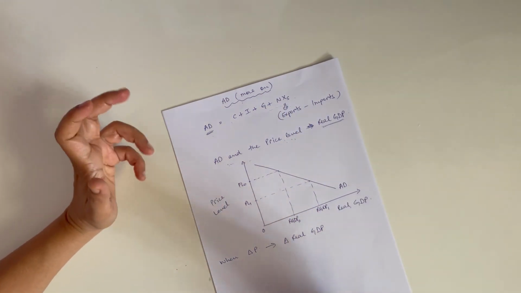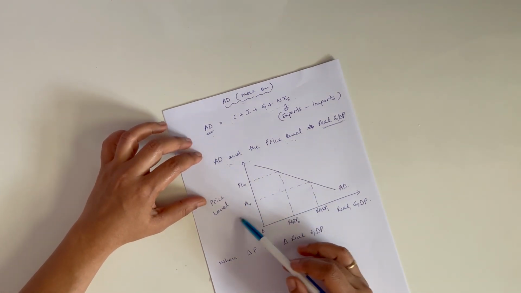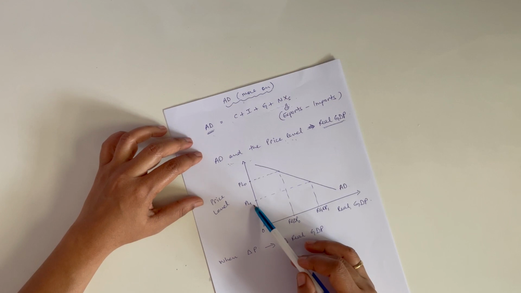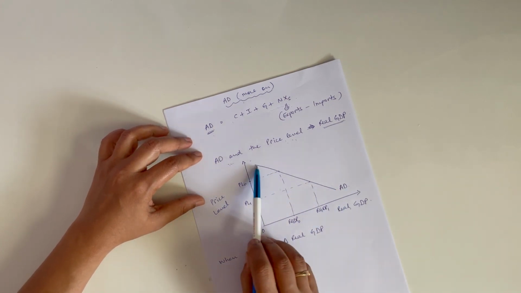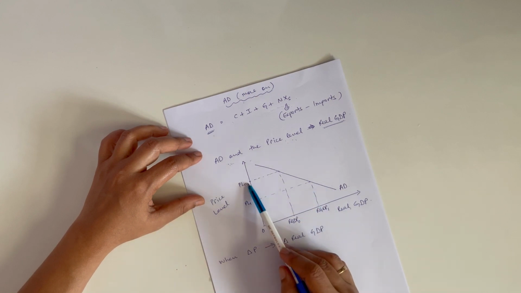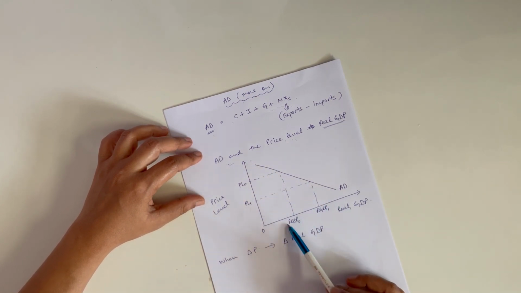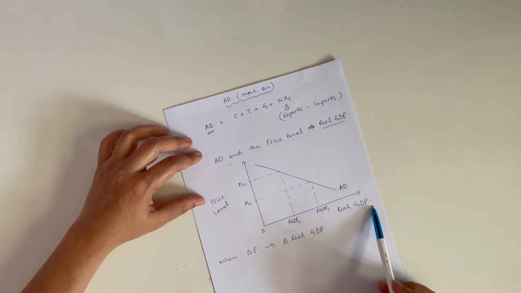Or in simple words, it's basically showing the inverse relationship between your price level and your aggregate demand. So any movement along the aggregate demand is only given by the changes in the price level, right? That ultimately affects your real GDP.